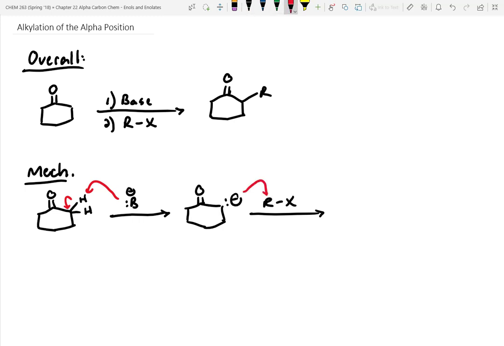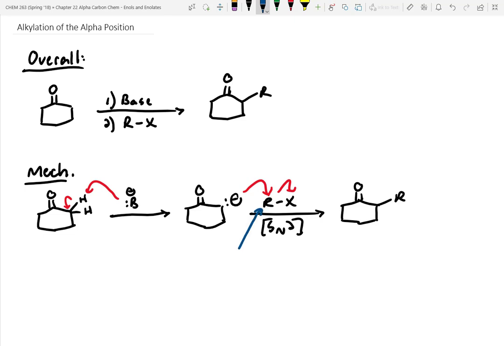And just like before, I said we would do an SN2 reaction. And by doing this, we're able to make a new carbon-carbon bond. Does that make sense?